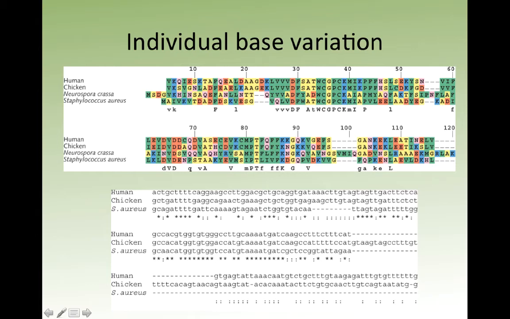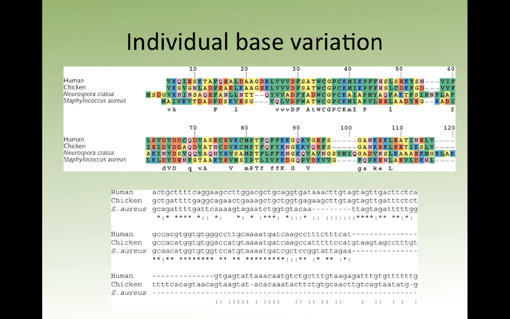In these cases, all three of these organisms need to catalyze disulfide exchange reactions, and so they all need a thioredoxin. But those thioredoxins of chicken and human are a lot more similar to each other because they're connected more closely on evolutionary time. They've diverged a lot more recently from each other than the bacteria have. The bacteria have been allowed to mutate and change over time, whereas the chicken and the human have not had as much time to diverge from each other.